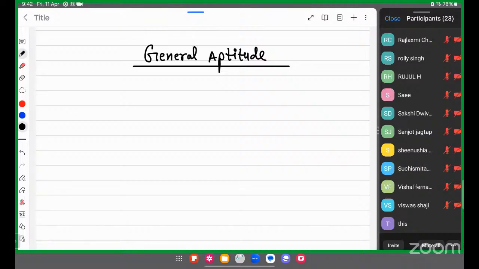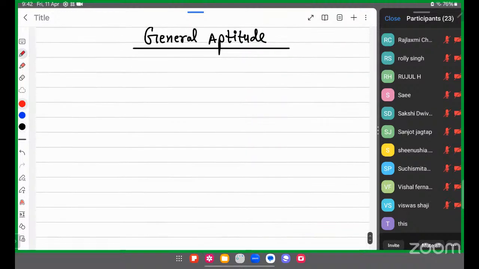Okay, so we can complete simple interest and compound interest. Yes, there is only one formula in this topic.